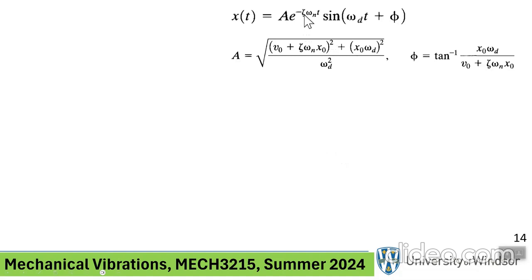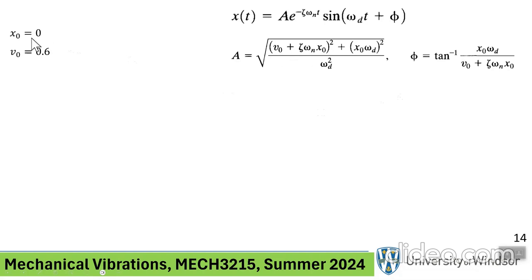Okay, it's just a matter of going to that slide and writing everything down. We know zeta. It was given to us. We were given omega n after we converted to radians per second. We just calculated omega d. So what is to be found? A and phi. A and phi depend on initial conditions, initial velocity, initial displacement.